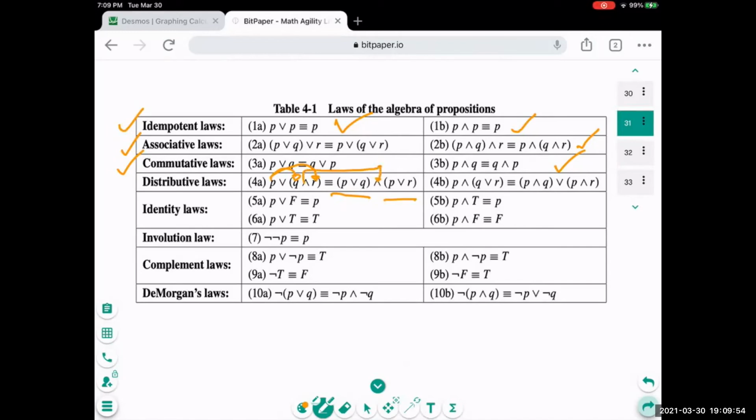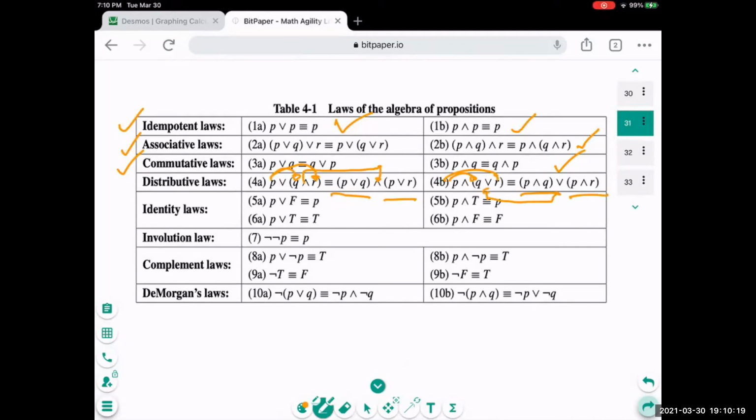And na-distribute natin yung P to both the variables Q and R. So, ganun din kapag kinuha natin yung conjunction ng P and yung parenthesis Q, disjunction of R here. So, distribute lang natin to. And then yung pangalawa is this one. And then we maintain itong symbol na to sa middle, which is yung disjunction.